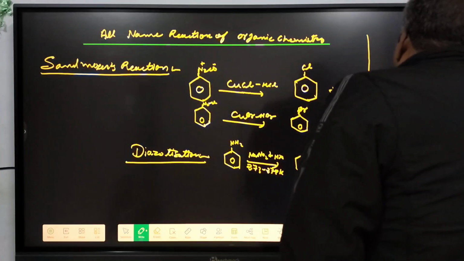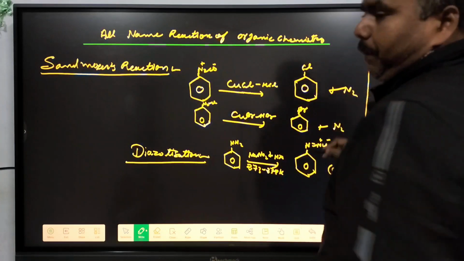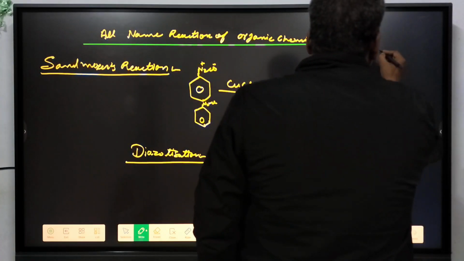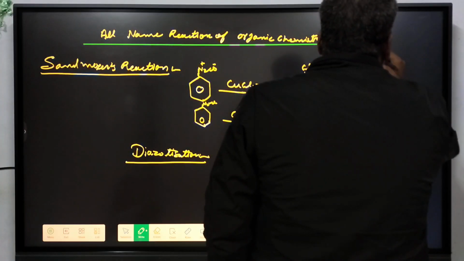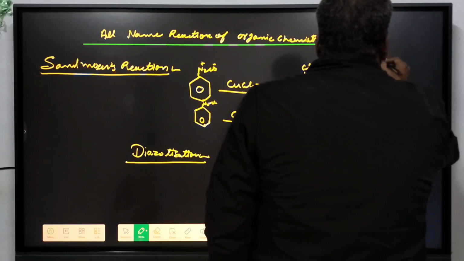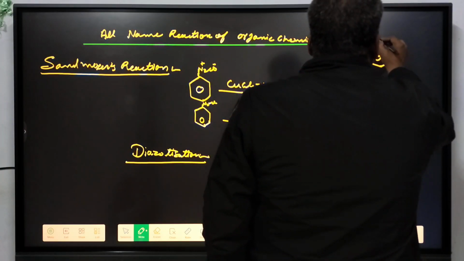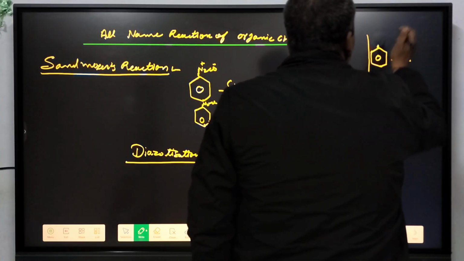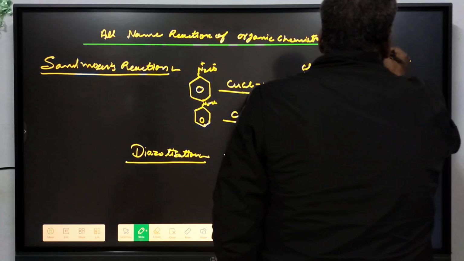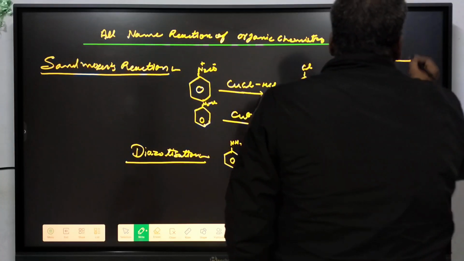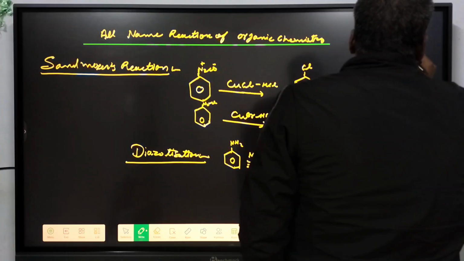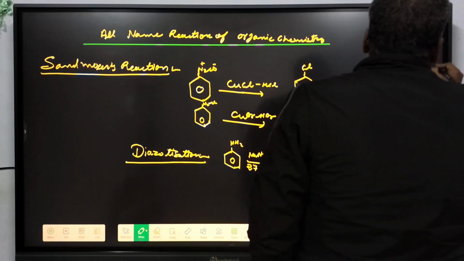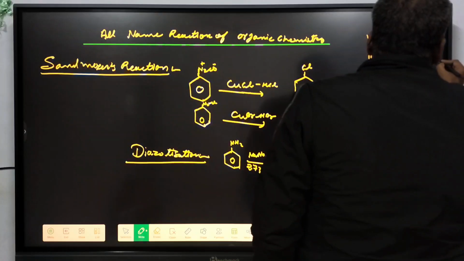See, for the preparation of iodobenzene, here the diazonium salt reacts with potassium iodide and it will directly convert into iodobenzene.